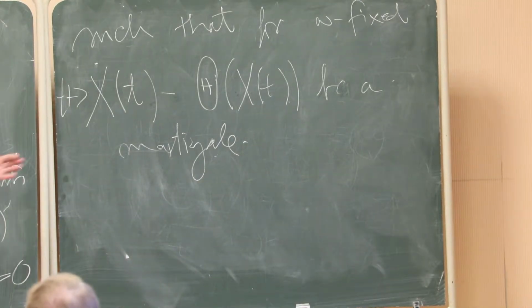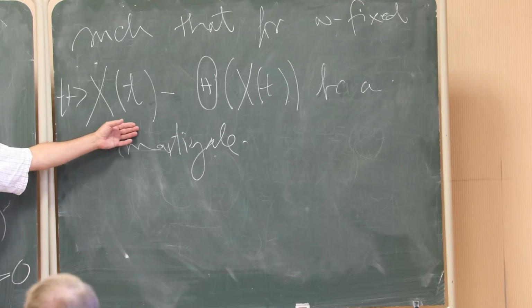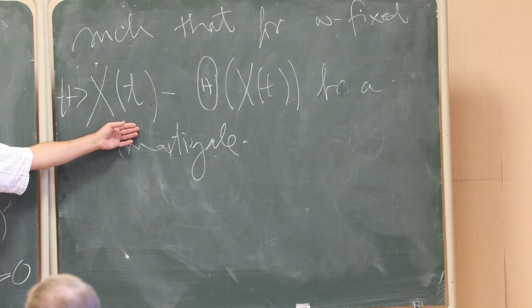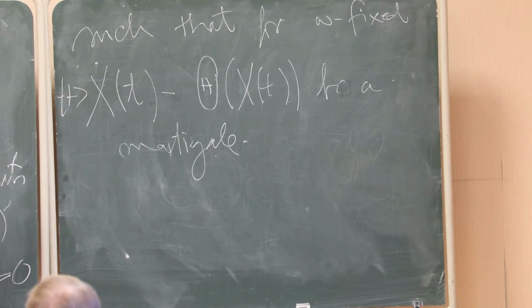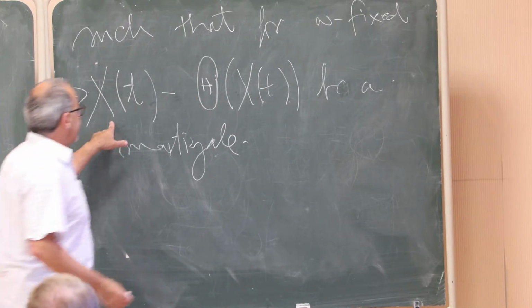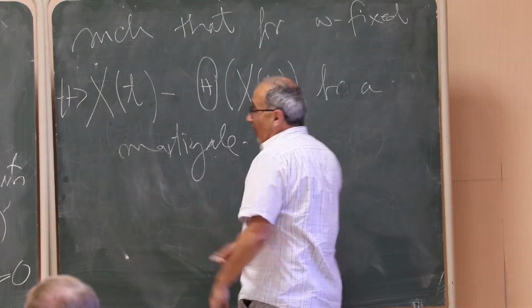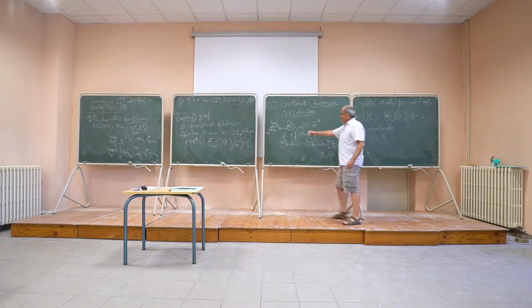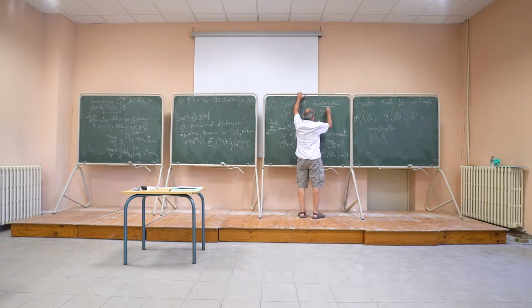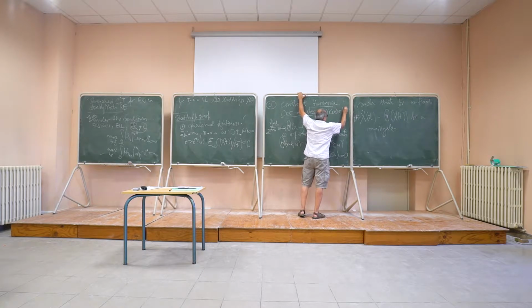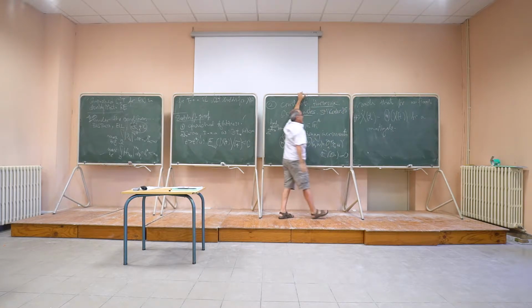So I correct, this is not a martingale. For ordinary random walk, this is a martingale. Right? But for the random walk in random environment, it's not a martingale. The local expectation of the next step is not zero. But maybe you can correct it. Maybe you can find a field like that. This is an ingenious idea, actually. This is S.M. Kozlov, 85 or something like that, maybe before 85.